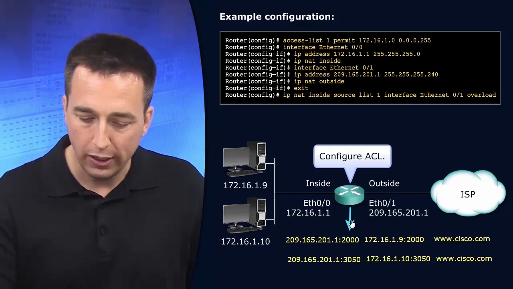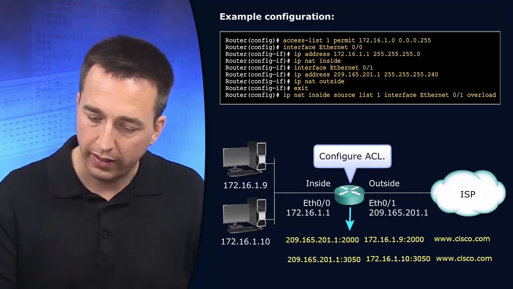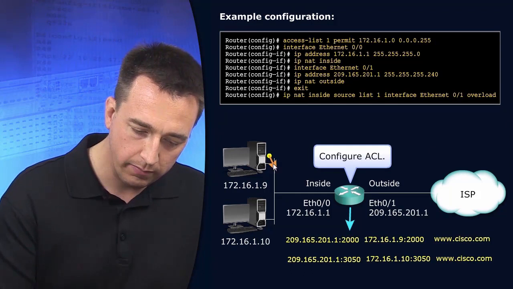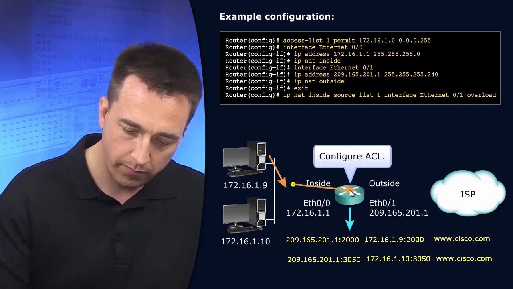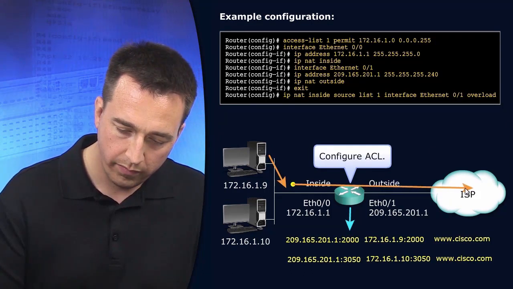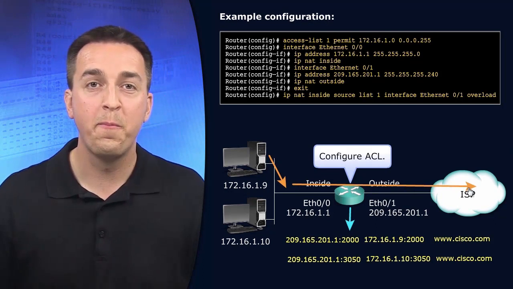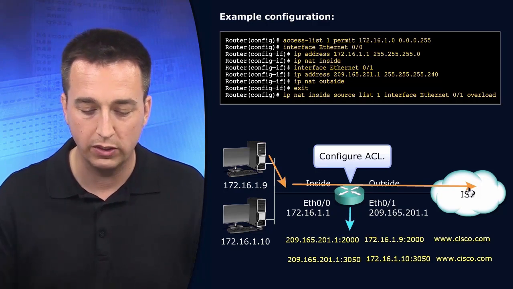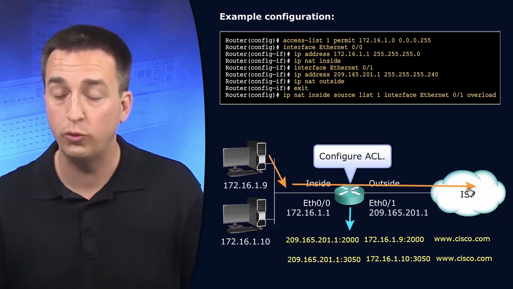So when we look at the traffic that's being sent from 1.9, it has the source when it leaves the router of 209.165.201.1, port 2000.